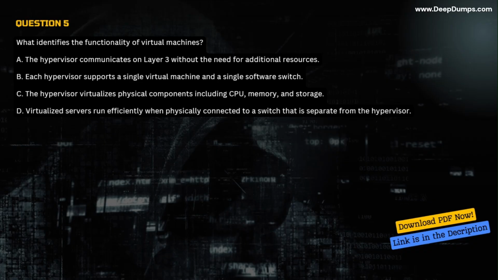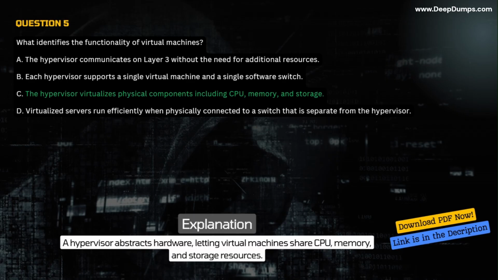D. Virtualized servers run efficiently when physically connected to a switch that is separate from the hypervisor. Correct answer, C. The hypervisor virtualizes physical components including CPU, memory, and storage. Explanation. A hypervisor abstracts hardware, letting virtual machines share CPU, memory, and storage resources.